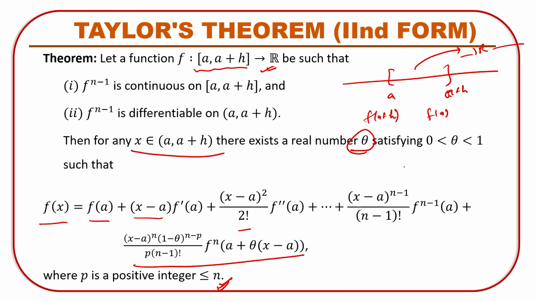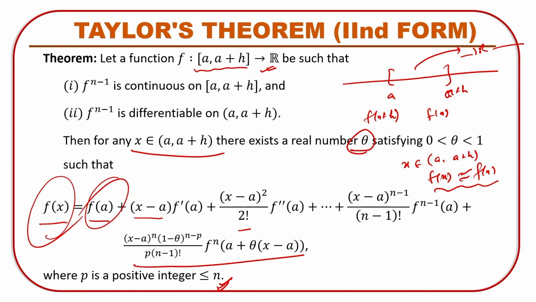Here it says that if x lies not at the end points, but at any interior point of a to a plus h, f(x) can be approximated in terms of f(a), and that is a very beautiful thing, right. So, f(a) is given and you have to find out f(x).